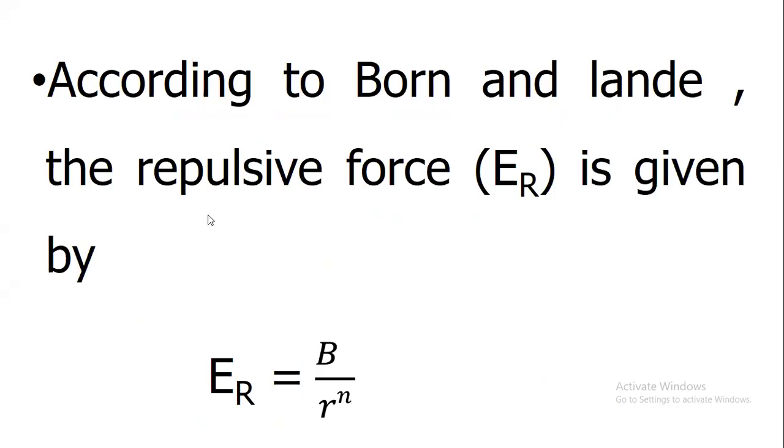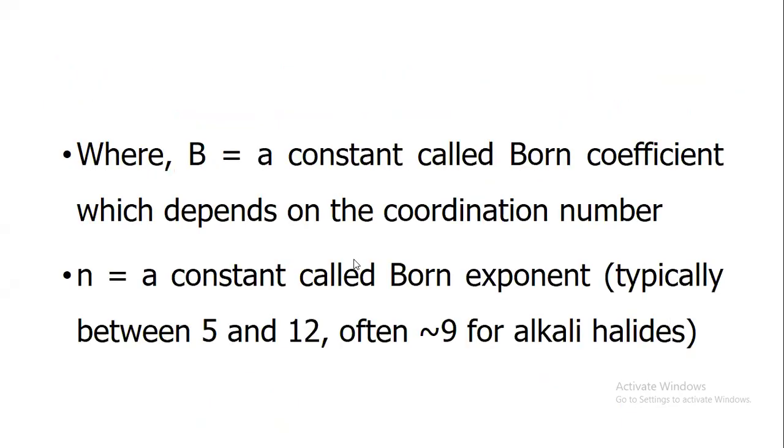According to Born and Lande, the repulsive energy is given by ER equal to B over R to the power n, where B is a constant called the bond coefficient, which depends on the coordination number, and n is a constant called the bond exponent, typically between 5 and 12, often 9 for alkali halides.